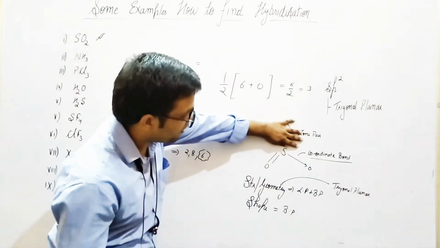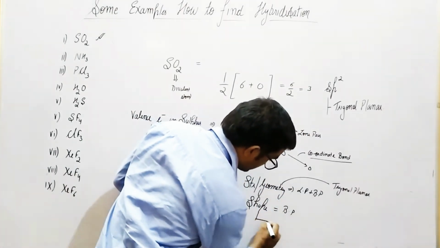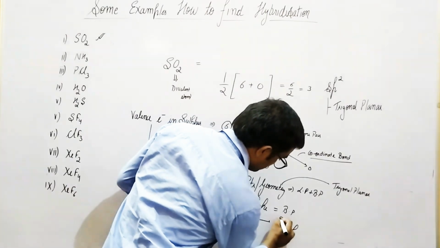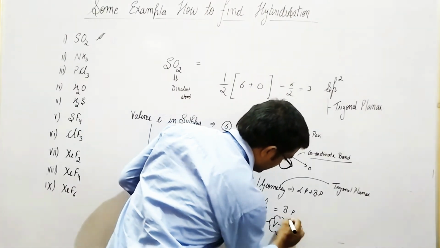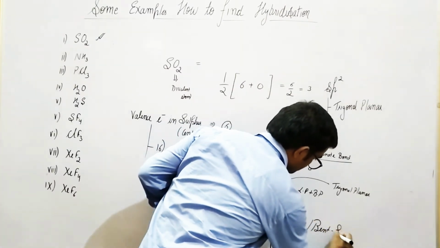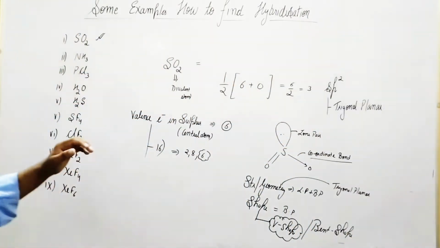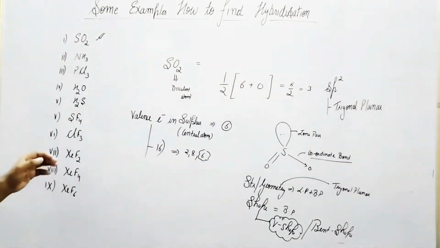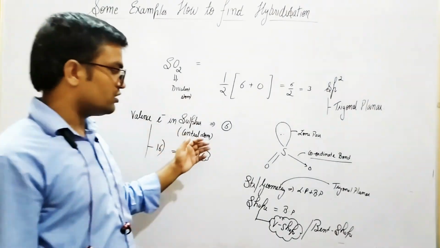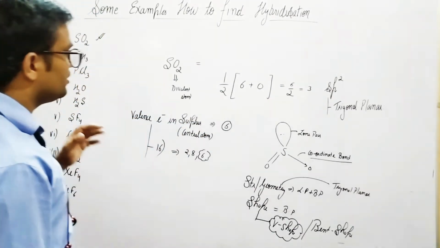If we hide the lone pair, it becomes V shape. Therefore the shape of SO2 is V shape. Remember it always. Or sometimes we can say it is a bent shape. These are the examples in which structure and shape of the molecule are different. Earlier we have done examples where structure and shape are the same because there is no lone pair present.